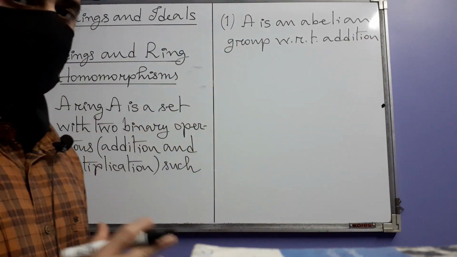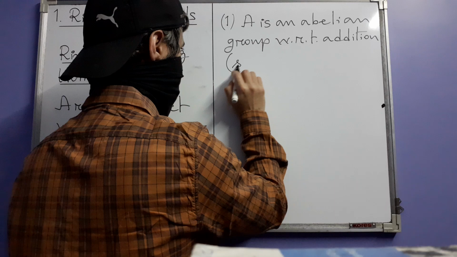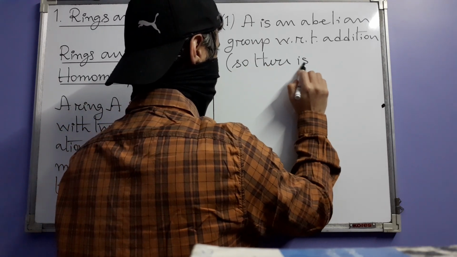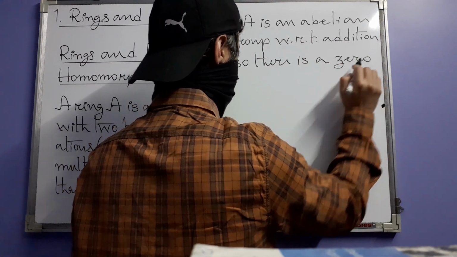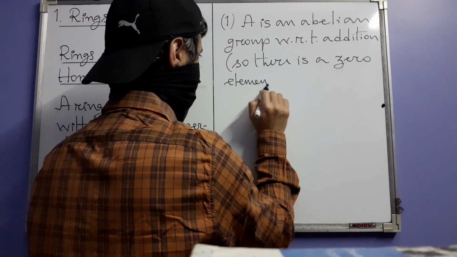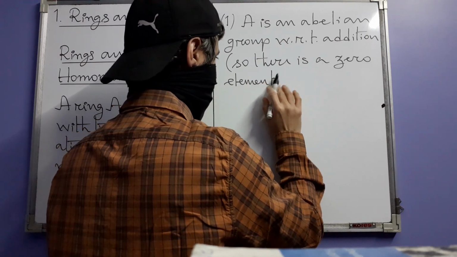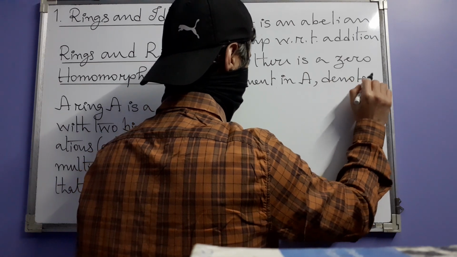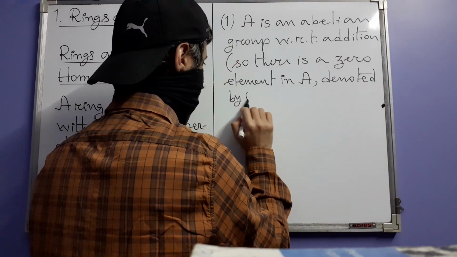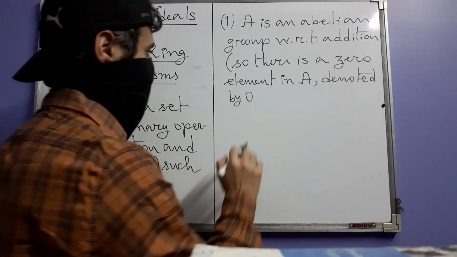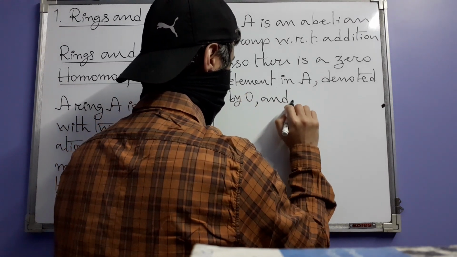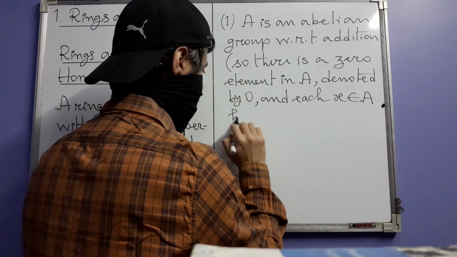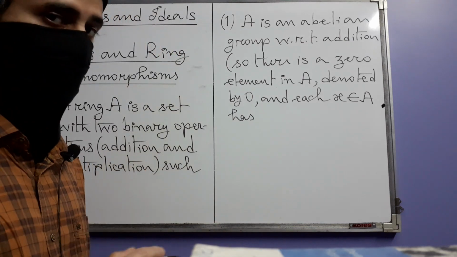You already know what this means. So these things of course are there. So there is a 0 element in A, I must mention, denoted by our usual notation 0, and each element x in A has an inverse with respect to addition.